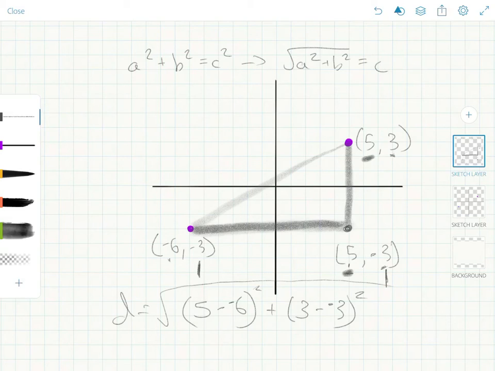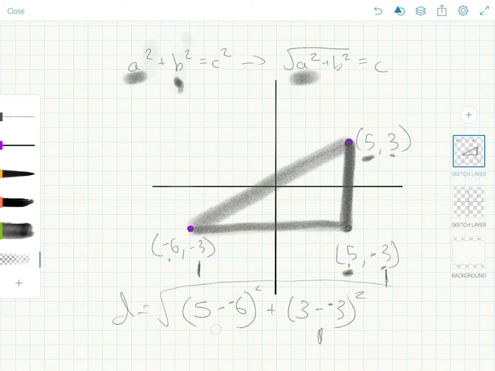So for the a value, the a squared, I've taken 5 minus -6 to find the length of this line right here. And for the b value, I have taken 3 minus -3 to find the length of this line right here, and then squared them according to the Pythagorean Theorem and taken the square root in order to find the distance between the 2 points, or the length of the hypotenuse.